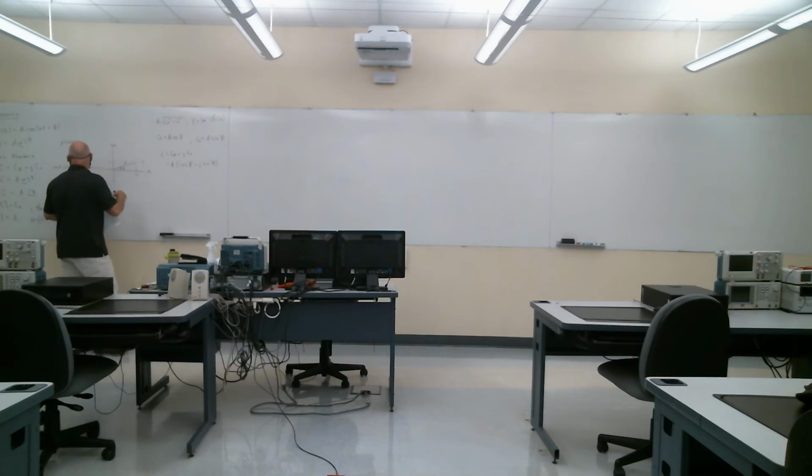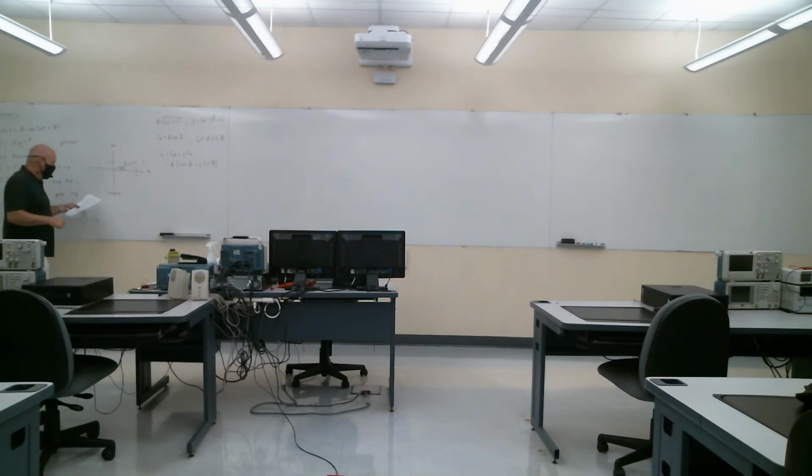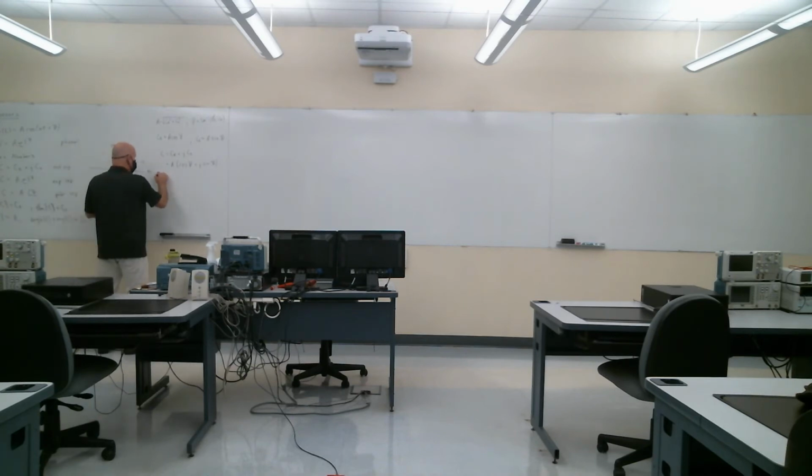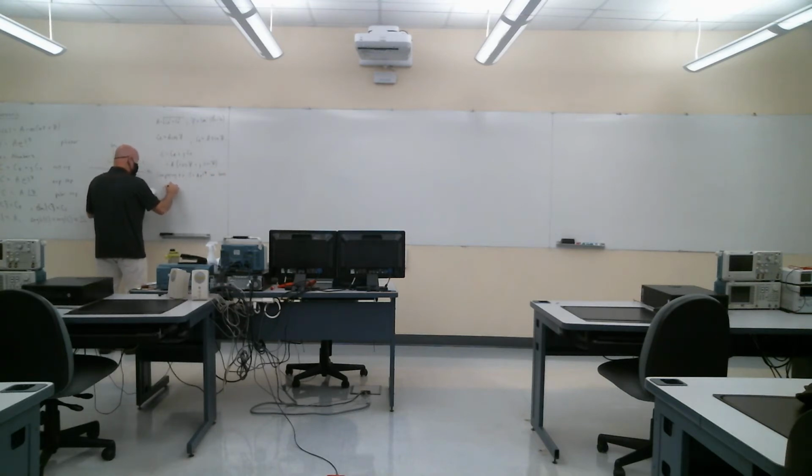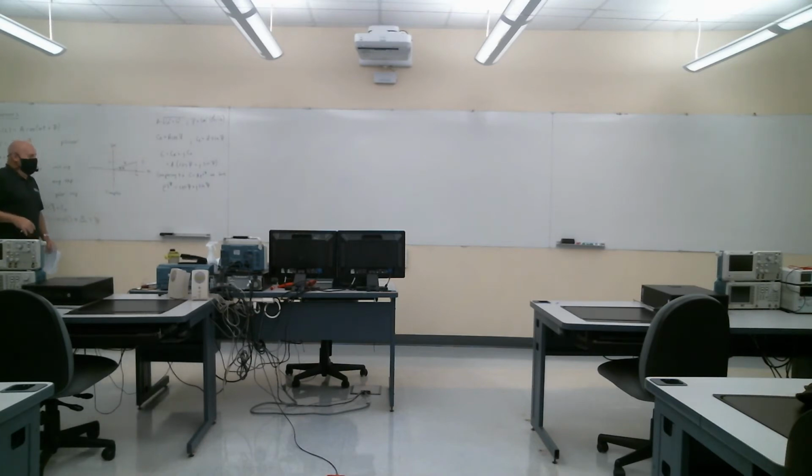Comparing to our exponential representation, C equals A e to the j psi, we have e to the j psi is equal to cosine psi plus j sine psi. Okay. That's called Euler's formula.